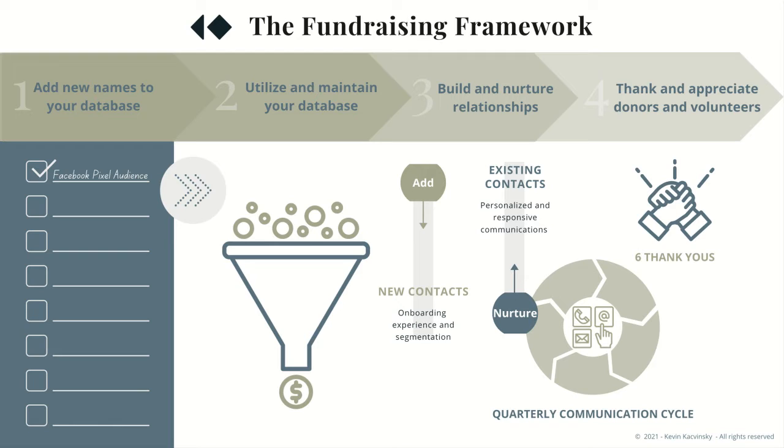At the end, not everybody gives or buys. So the bottom of your funnel can have more or less people in it. It can be wider or narrower, depending on what you do in between and depending on the quality of the people you add at the top. So this fundraising framework really walks through that.